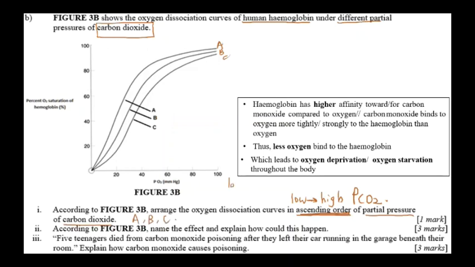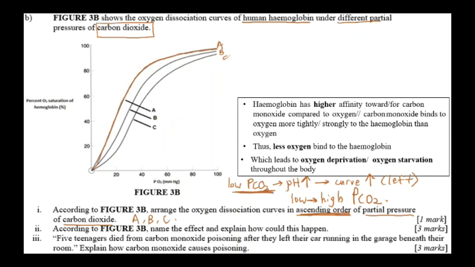Low partial pressure of carbon dioxide, which means that it is higher pH. When the pH is higher, the curve will be higher, and that will be to the left. So A, the curve A being on the left, it tells that it has the lowest partial pressure of carbon dioxide.